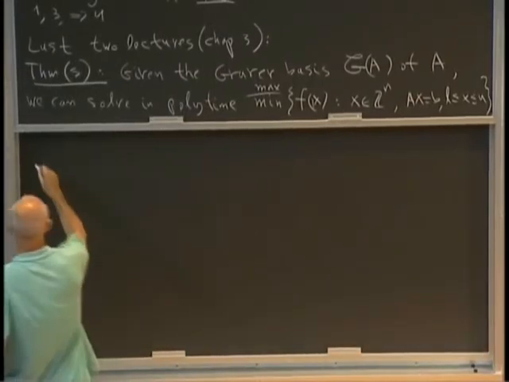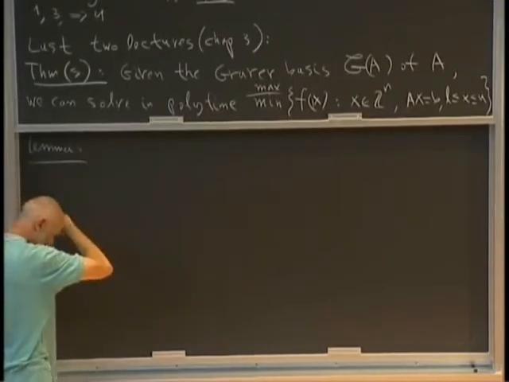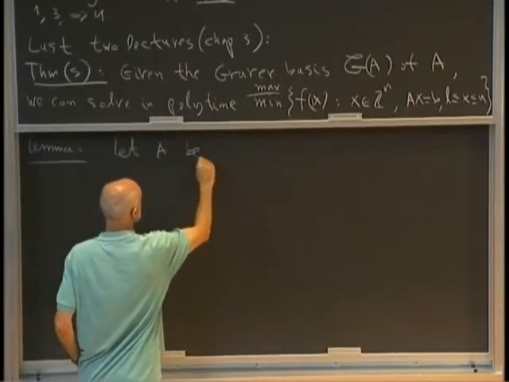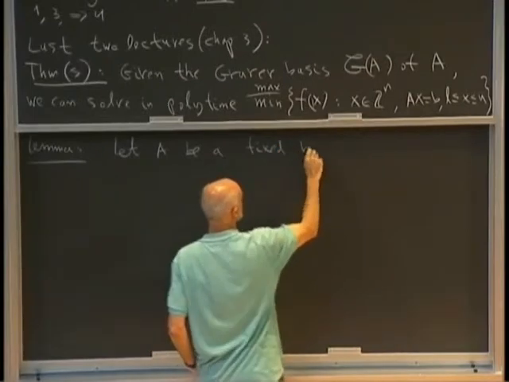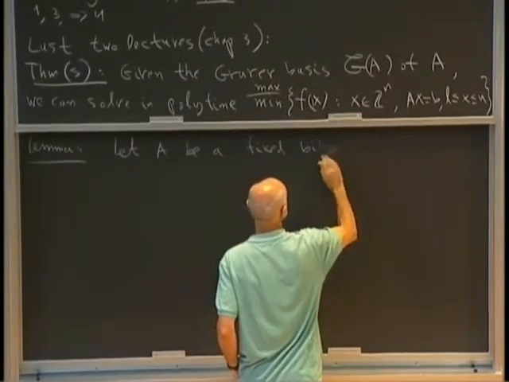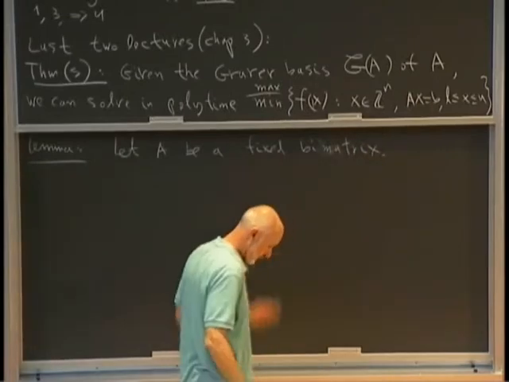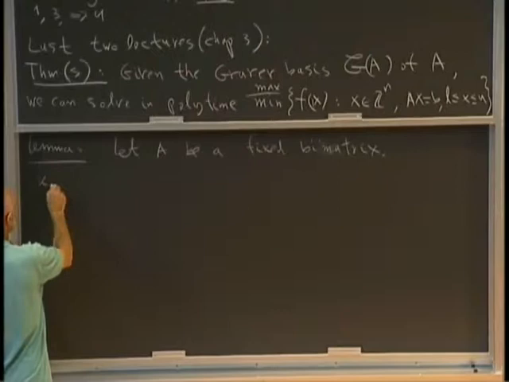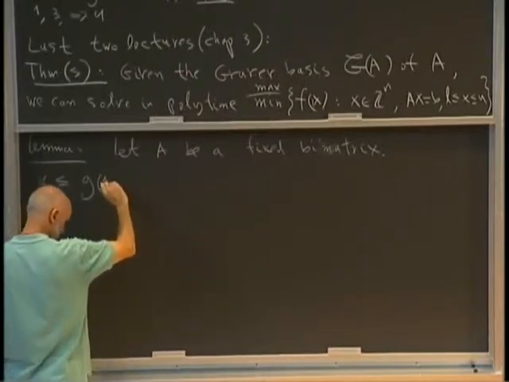So here is the lemma. Let A be a fixed matrix with Graver complexity g(A), and K some number less than or equal to the Graver complexity.